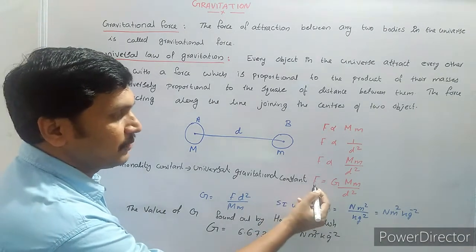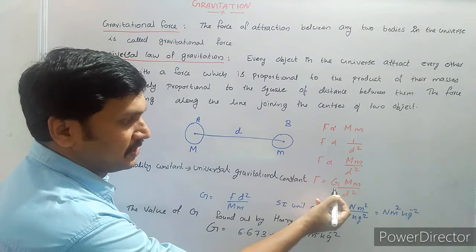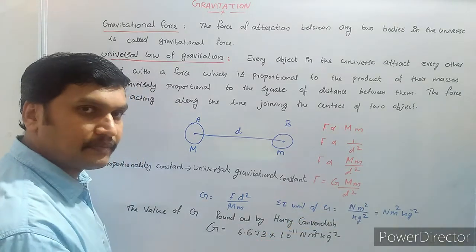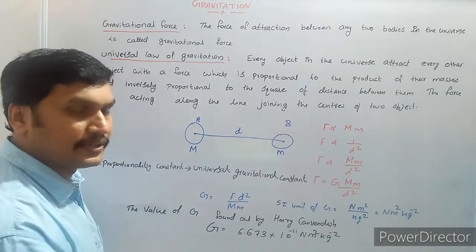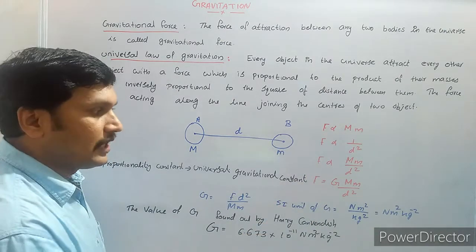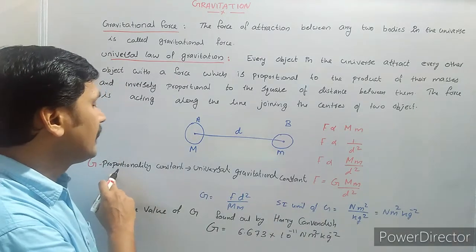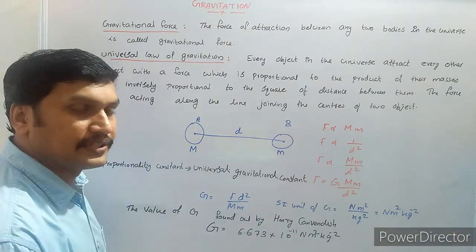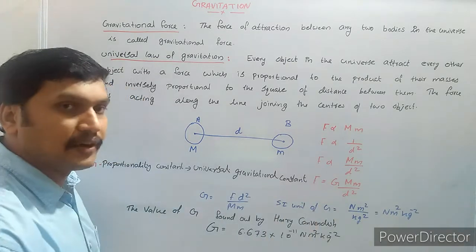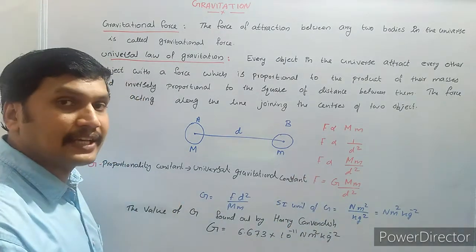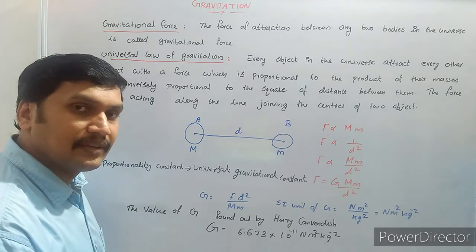So we write F is equal to G times M times m by d squared. We introduce a proportionality constant G here, and this constant G is known as the gravitational constant, the universal gravitational constant.